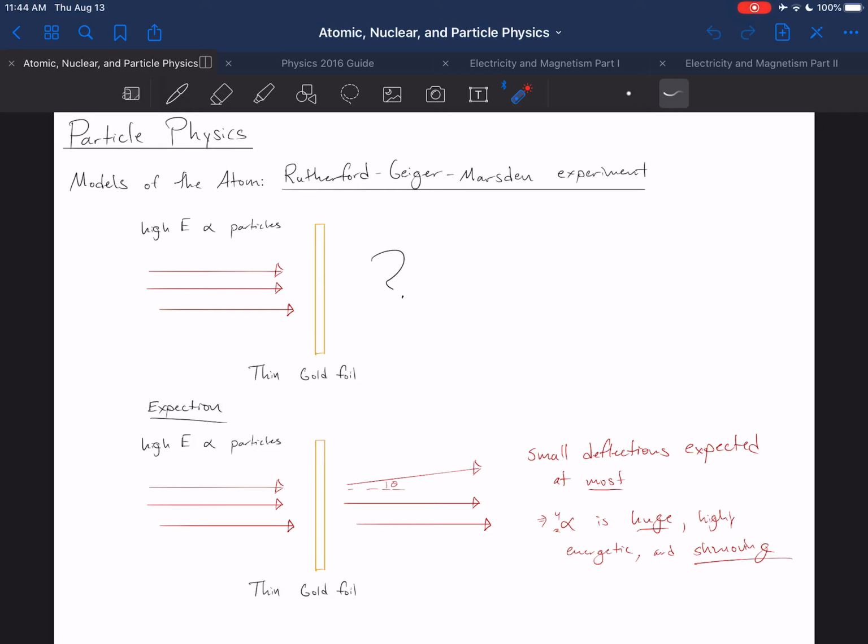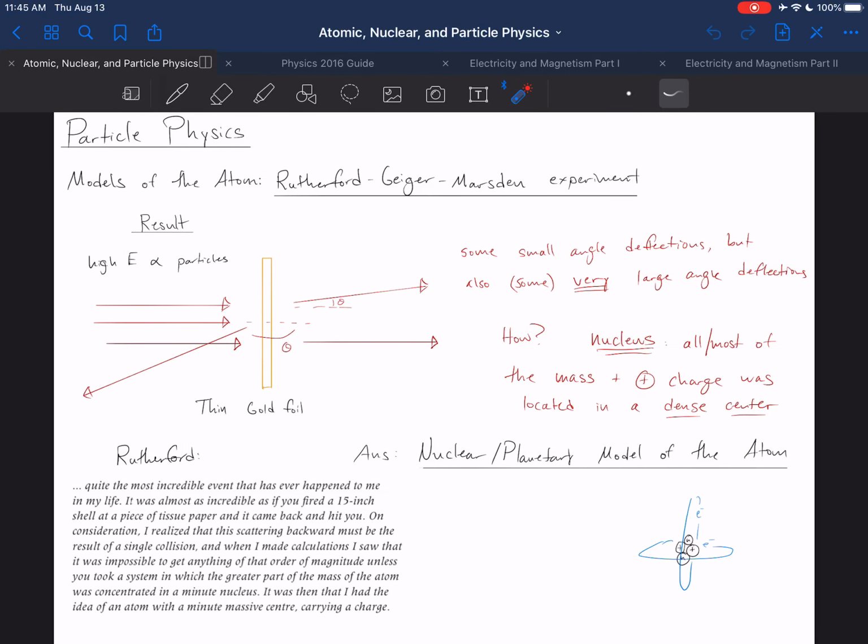But if you do the calculations on what you would expect from an evenly distributed positive charge within that atom, you get small deflections at most. The idea is that these alpha particles are huge, they are highly energetic, a lot of kinetic energy, and they are moving very, very, very quickly.